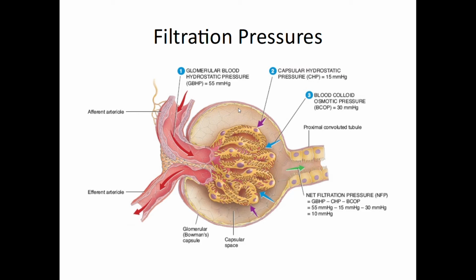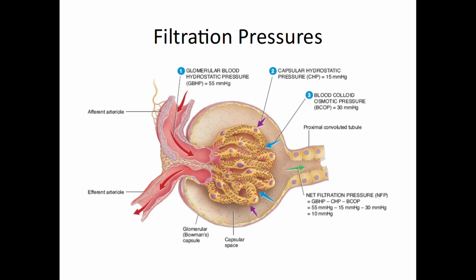Now there is also the colloid osmotic pressure, which is going to push stuff back into the capillary because there's more stuff still dissolved in the blood than is coming out, because we have all those proteins and things that aren't coming out here.